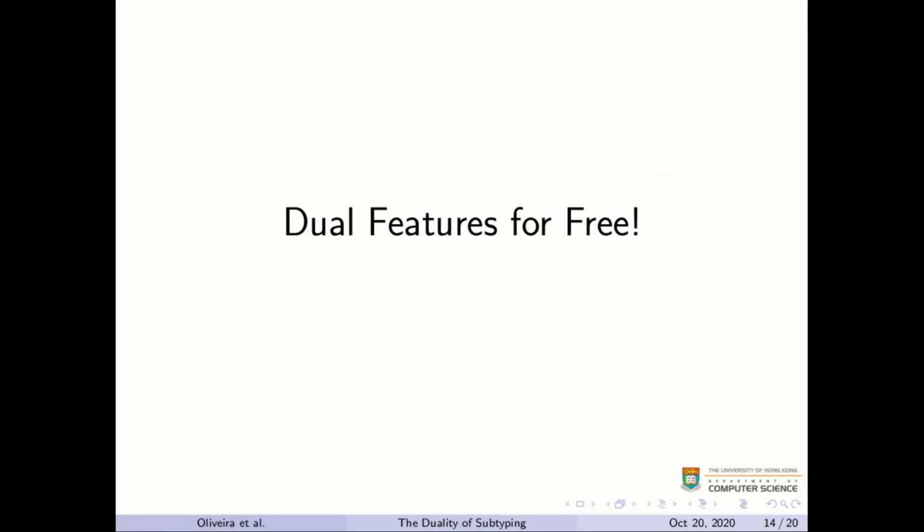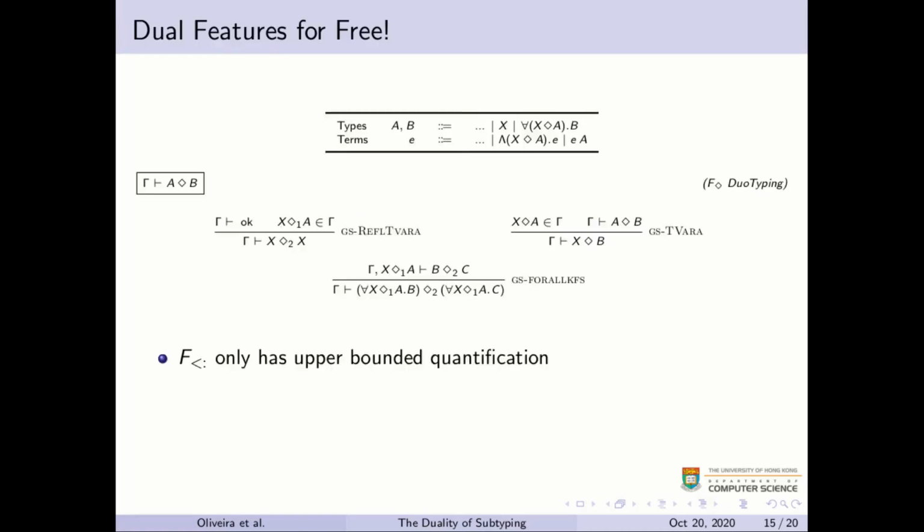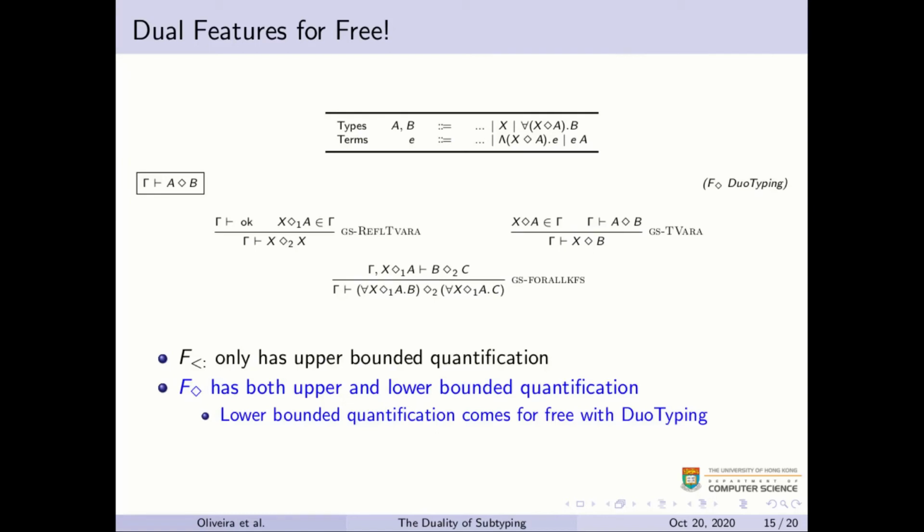Duotyping also gives us some interesting extra features for free. When we apply duotyping in a polymorphic system, we get lower bounded quantification as well as upper bounded quantification.